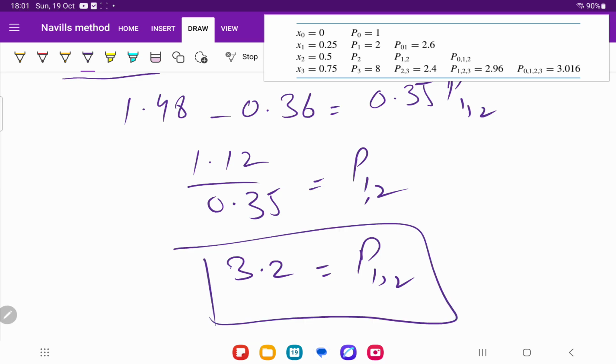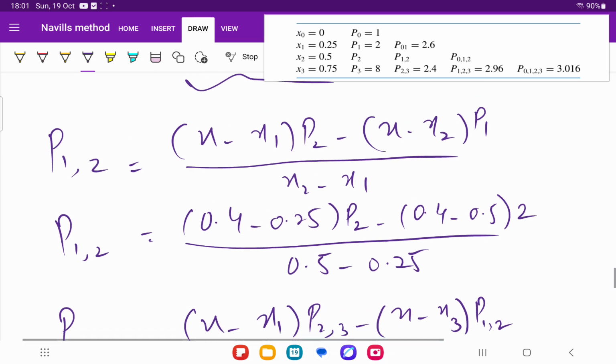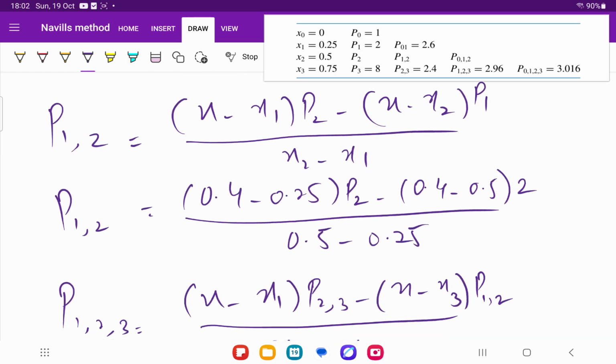Okay, P12 is 3.2 we have found, and then where will this P12 value be used? Here in this question to get the P2.